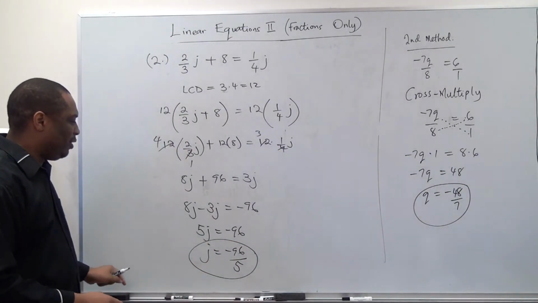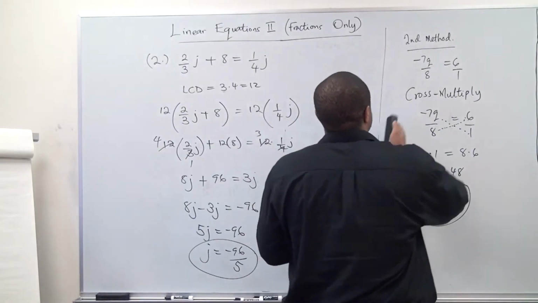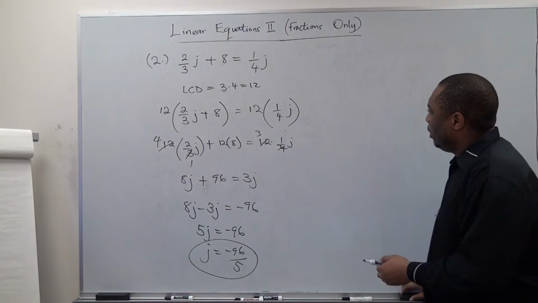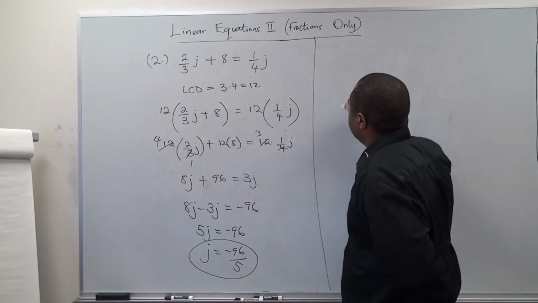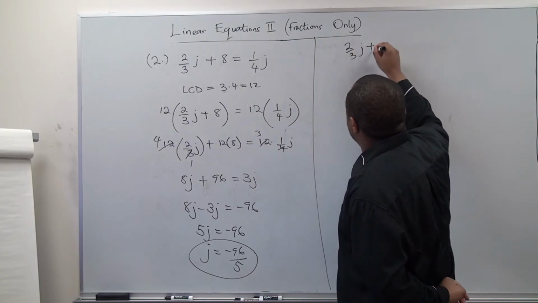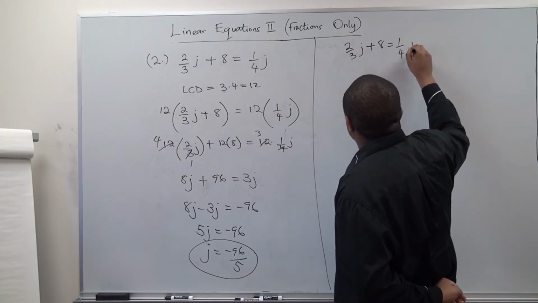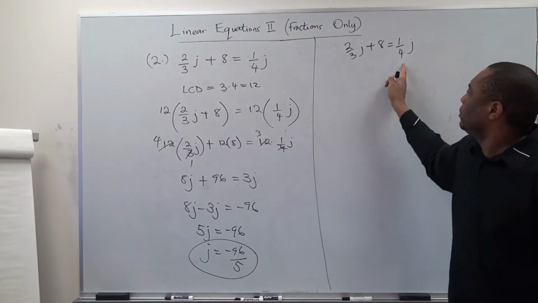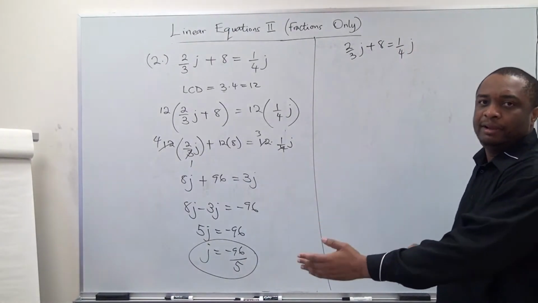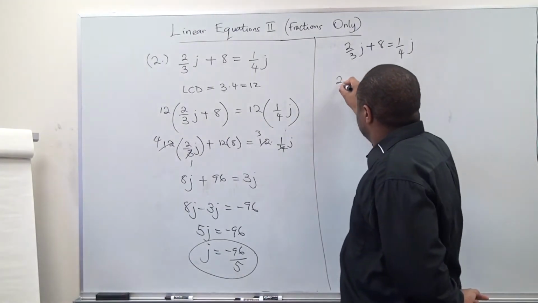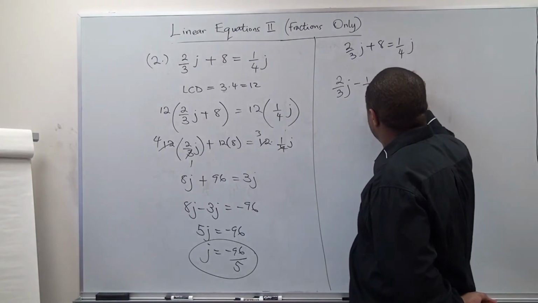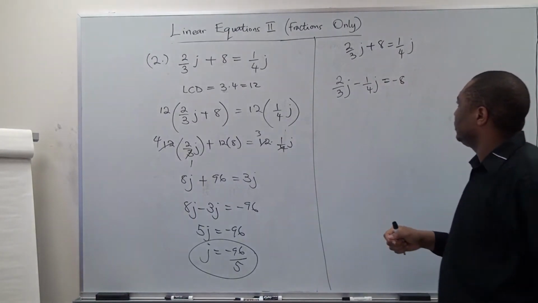Yeah, I know I said I don't want to use the cross multiply, but let me just show it with this question again. If you want to use cross multiply for this question, we need to first of all put the variables on the left, constant on the right. So 2 over 3j minus 1 over 4j equal to negative 8. That is the first thing.